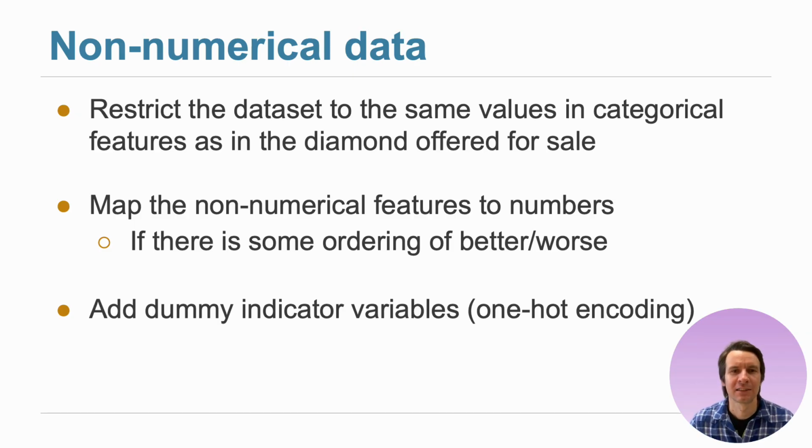The idea is that if you have several possible options for a category, maybe the color could be red, green and blue, then instead of having one column called color with options red, green, blue, you will have a column color red, and everybody will have 0 or 1 indicator variable.